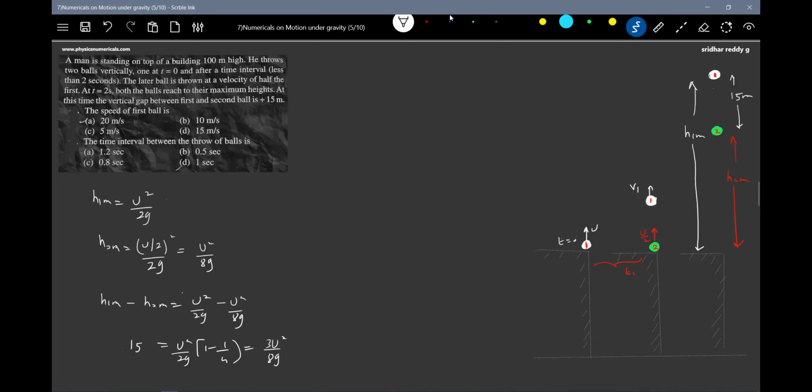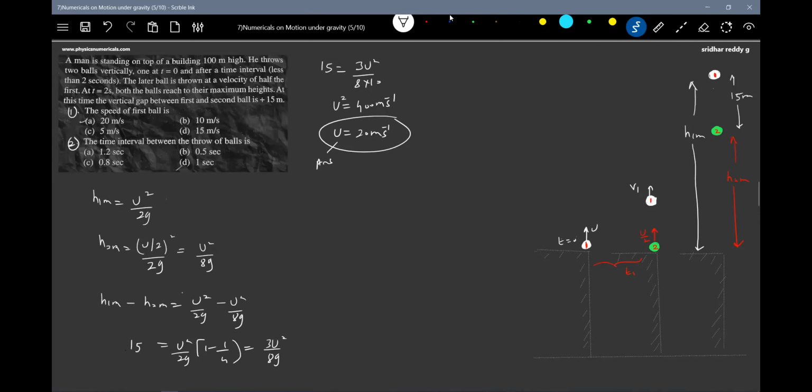Do we know u? We don't know that. We can find it out now. So this will be 15 is equal to 3u square by 8 into 10. Solving this, u square is 400 meter square per second square, u equal to 20 meter per second. The speed of the first ball, we got the answer.